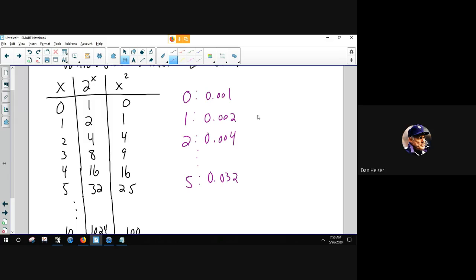Circumference of the Earth is approximately 23 to 24,000 miles, I believe. Let's think about that for a few moments.